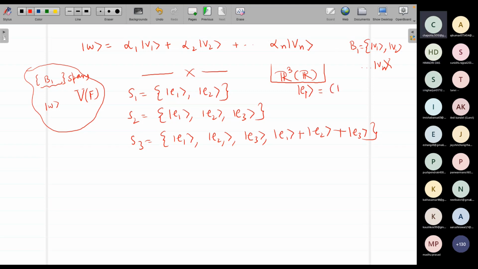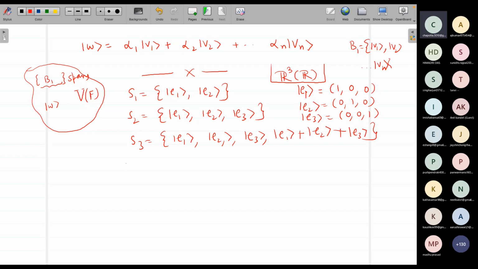This is the famous basis which you always use generally, but at this point of time we are trying to dissect our basis. So we have three vectors living in this R cube space: one is 1 0 0, one is 0 1 0, and one is 0 0 1. These are the three vectors, and we have made three sets.